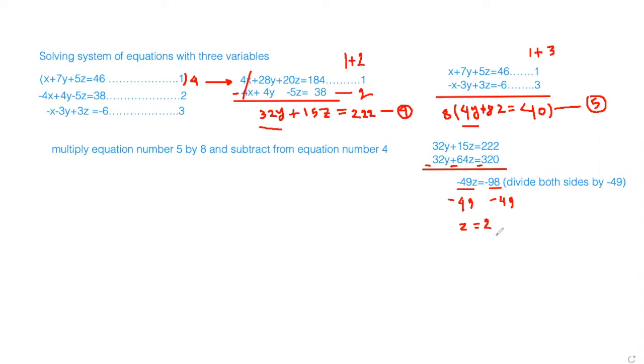So when we got Z equal to 2, then we can replace it either in equation number 3 or in equation number 4 to get the value of Y. So let me write it down again. 4y plus 8z equal to 40.